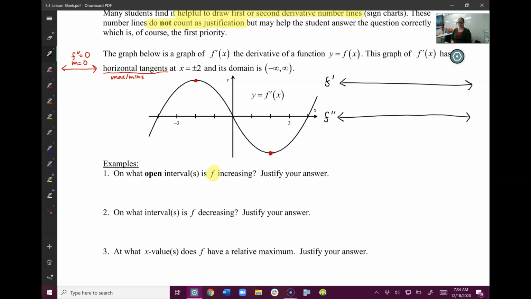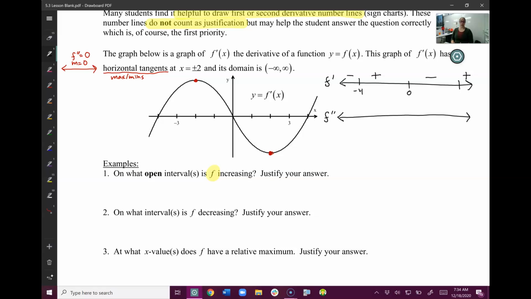This is the number line of this graph. So we're not talking about increasing and decreasing, we're just talking about where this graph is positive and where this graph is negative. Well, it looks like at -4, it changes from negative to positive. Then at 0, it changes from positive to negative, above to below. And then at 4, from negative to positive.